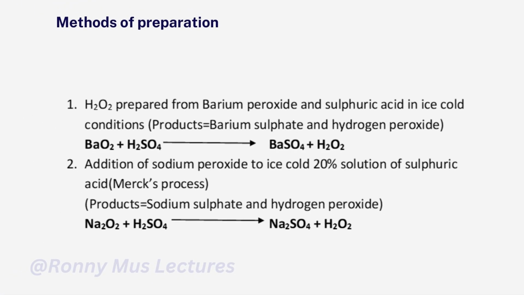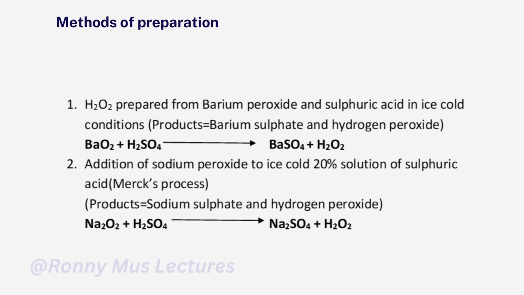Look at the methods that we can use to prepare hydrogen peroxide. Number one, you can use barium peroxide and you react it with sulfuric acid. That one will give you barium sulfate plus hydrogen peroxide. Remember, barium sulfate is used in the diagnosis of PUD, that is peptic ulcer disease, and that is the barium sulfate meal.